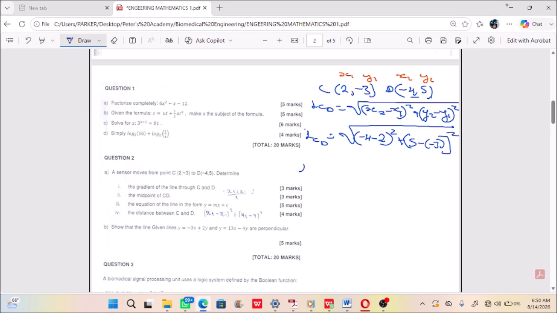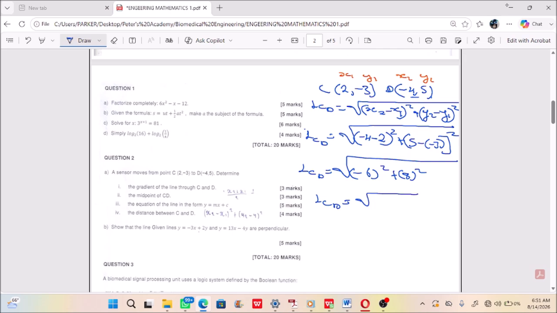So the length of CD equals the root of, what is negative 4 minus 2? That is negative 6, in parentheses, squared, plus 5 minus negative 3. That is 8, because a negative multiplied by a negative gives a positive, so it is 5 plus 3, that is 8, squared.